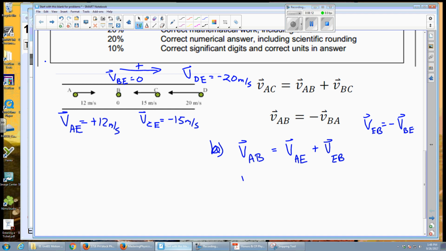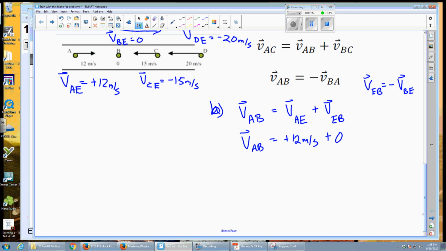So I could plug in here now and solve, right? So I would have positive 12 meters per second plus 0. I'm pretty confident you guys can get that answer. If you need to borrow my calculator, it's right up front. I'm not going to tell you. That'd be like telling you all the answers.